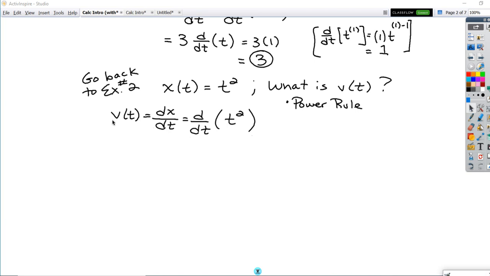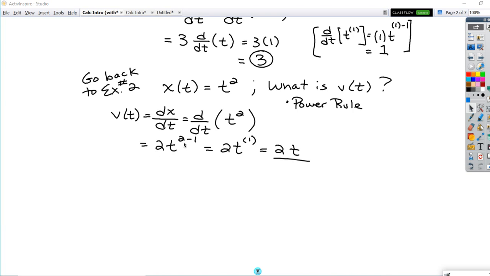So we write that in order to find the velocity, we must find the derivative of the position with respect to time, and that's the same as finding the derivative of this t squared term with respect to time. Applying the power rule, we bring the 2 down, bring the power down, and then we subtract the power by 1.